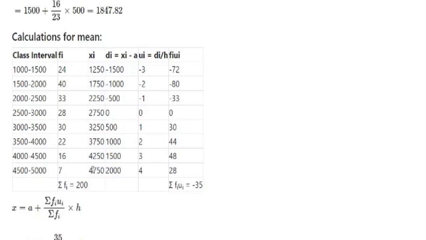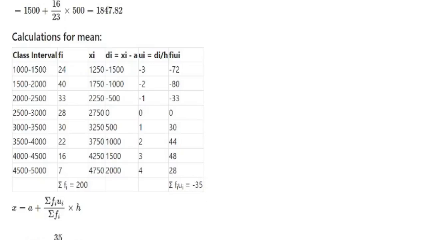It is increasing. Then di equal to xi minus a. Here xi is 1250 and assumed mean we consider as 2750. Then you will do the calculation. You will get sum of the frequency, that is 200, and also you got sigma fi ui equal to minus 35. Here the sign is important.